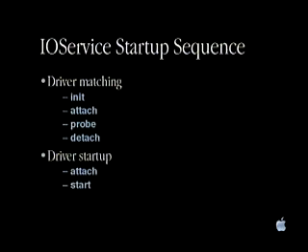You get the init, the attach, the probe method, and then you get detached again. Once IOKit decides that you are the driver who's going to control that device, you get an attach method again, and then you'll get the start method. The thing to take out of this slide is that your attach method will get called more than once. So you have to be prepared to deal with it.